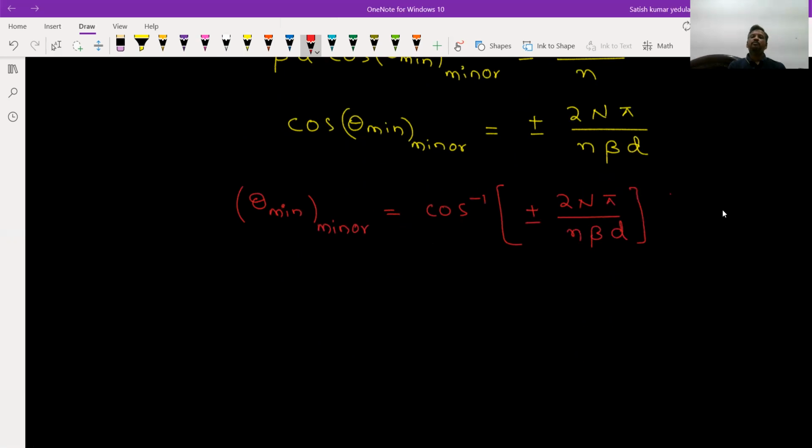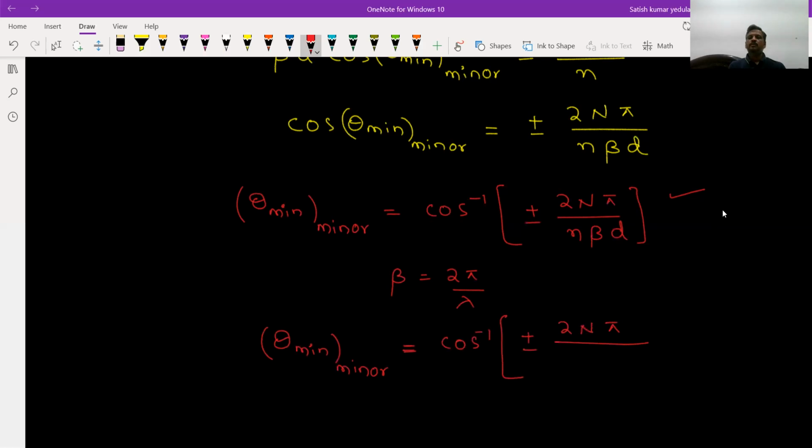Either you can remember like this or else beta equal to 2 pi by lambda. Substitute this. Then what you will be getting is theta minimum of minor will be equal to cos inverse of plus or minus 2n pi by n, you write as it is, 2 pi by lambda into d.